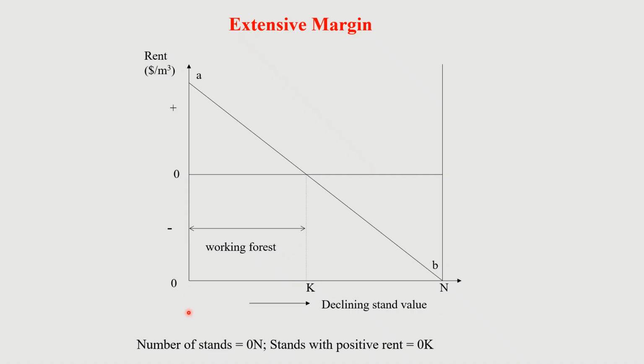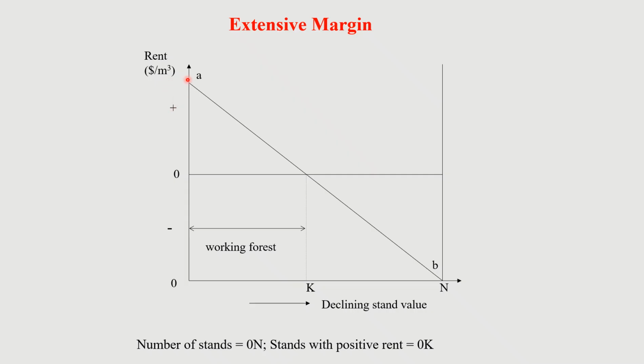What we do is order stands according to their declining value in terms of what rent could be made from them. We are assuming that the variable costs and even the fixed costs of the companies are taken into account, and that the resource rent is the difference between the price and the marginal cost on the variable supply curve.